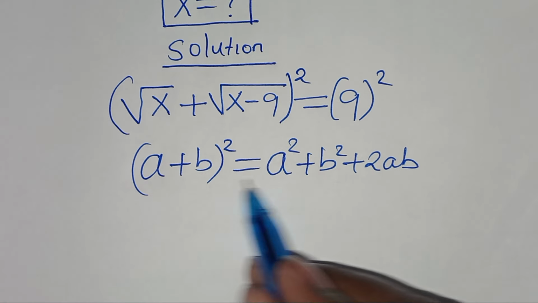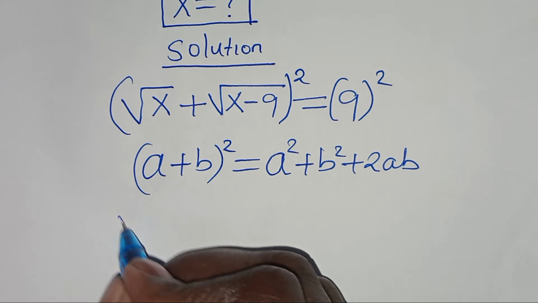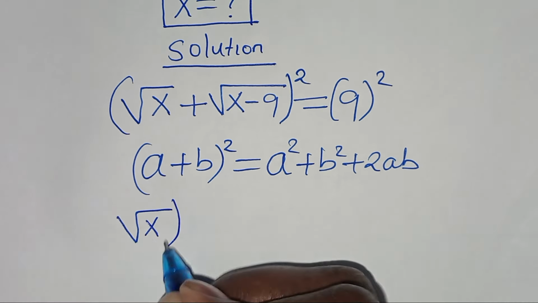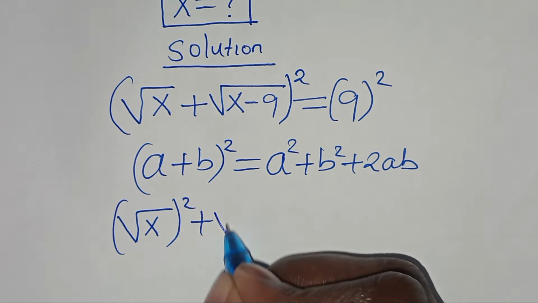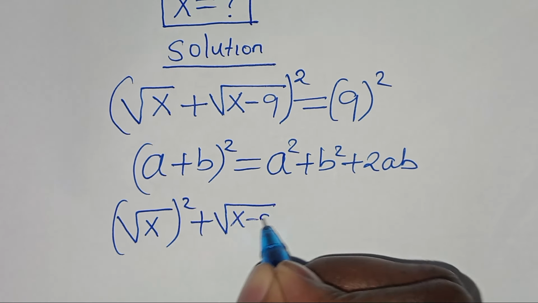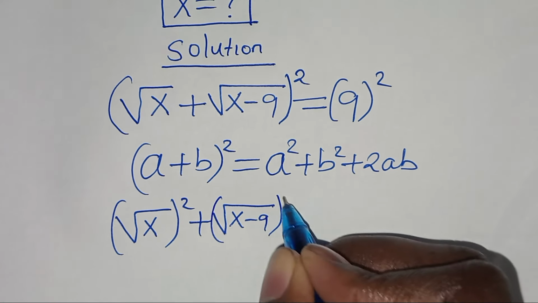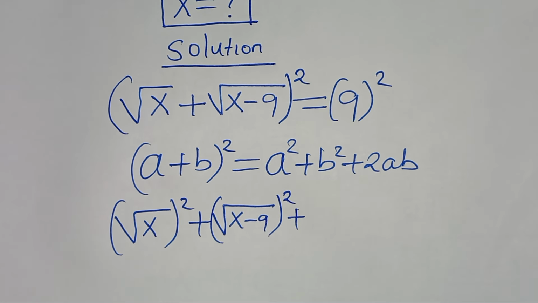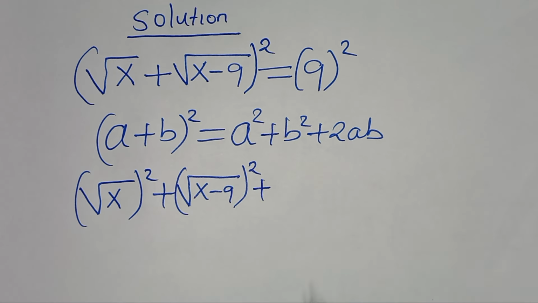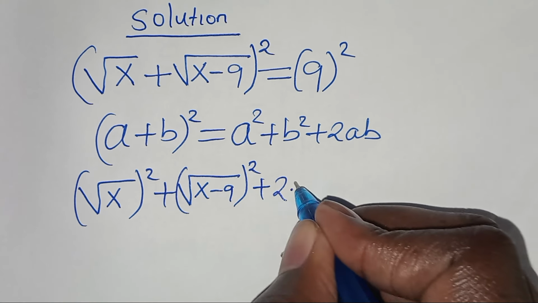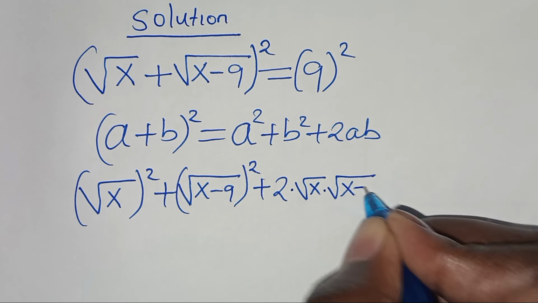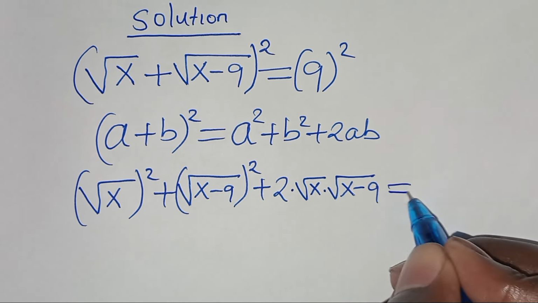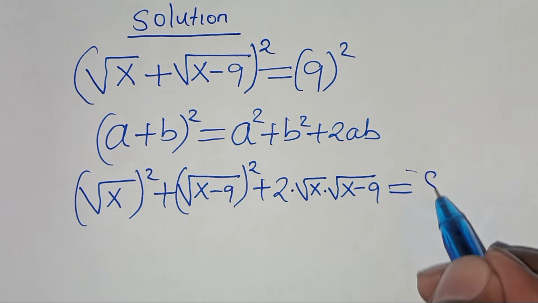Let's apply this algebraic identity so that here we have (square root of x) squared, plus (square root of x minus 9) squared, plus 2 times square root of x times square root of x minus 9. This is equal to 9 squared, which is 81.